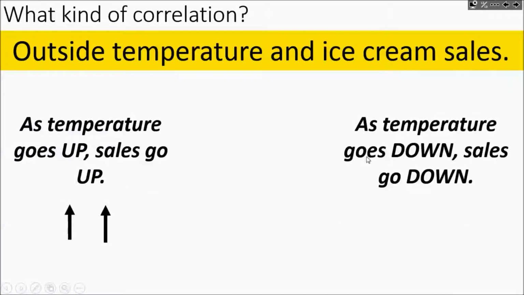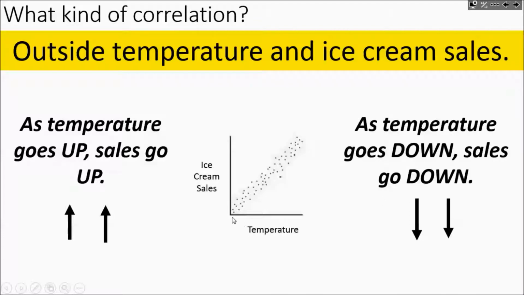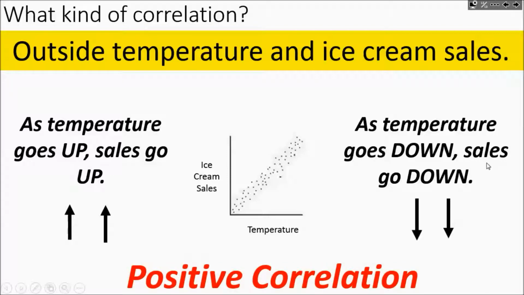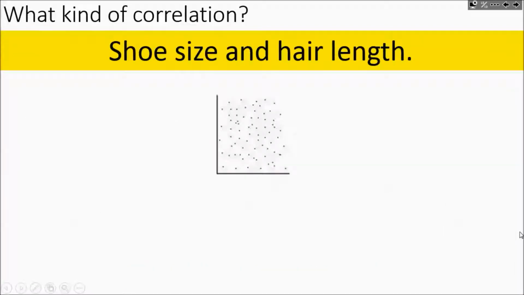As temperature goes down, you don't see so many ice cream trucks outside. The sales of ice cream goes down. So this would be temperature increasing, ice cream sales increasing. This would be a positive correlation.